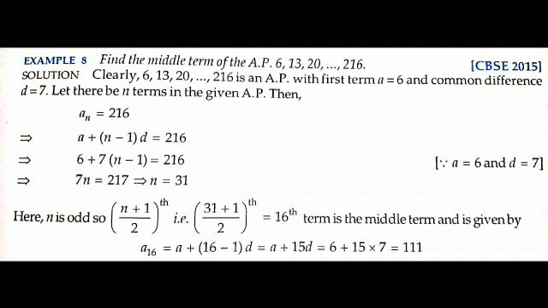Using the formula for the general term, a16 is equal to a plus (16 minus 1) into d, which is equal to a plus 15 into d, that is 6 plus 15 into 7, putting the value a equal to 6 and d equal to 7. And we have the middle term, the 16th term, which is equal to 111.